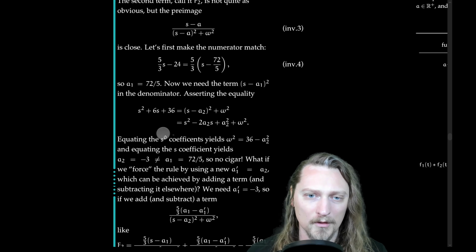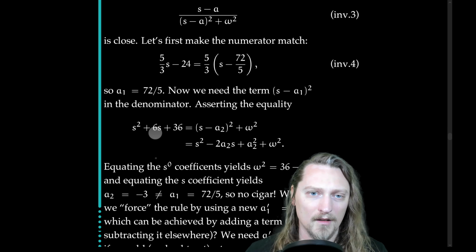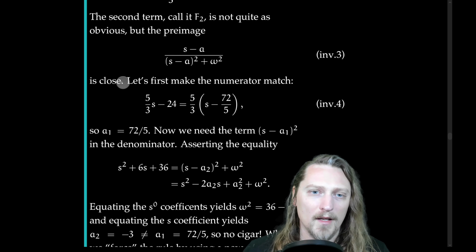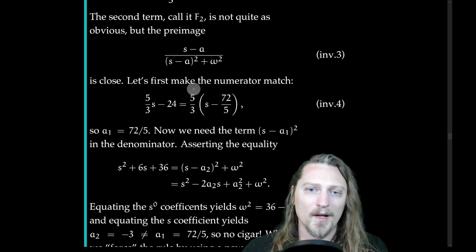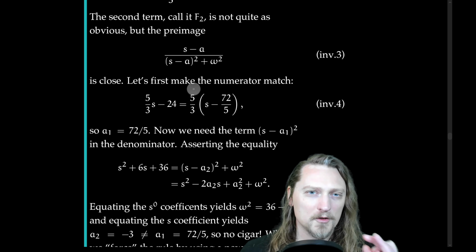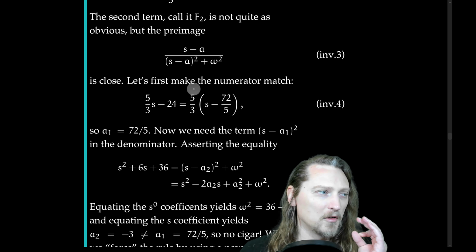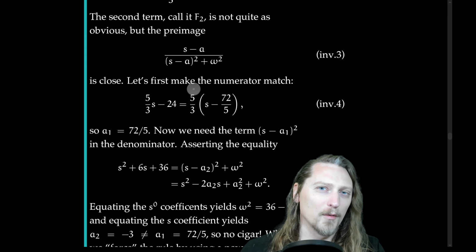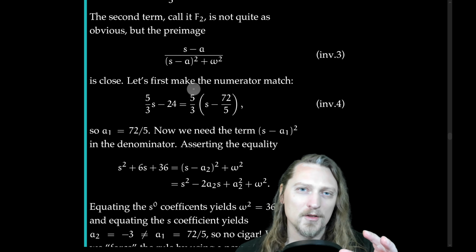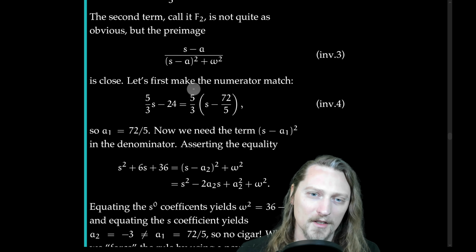Going back to the text then, let's first make the numerator match. So this is going to be a lot of essentially algebraic massage, I would call it. Algebraic massage, where we try to make one expression look like the other expression.